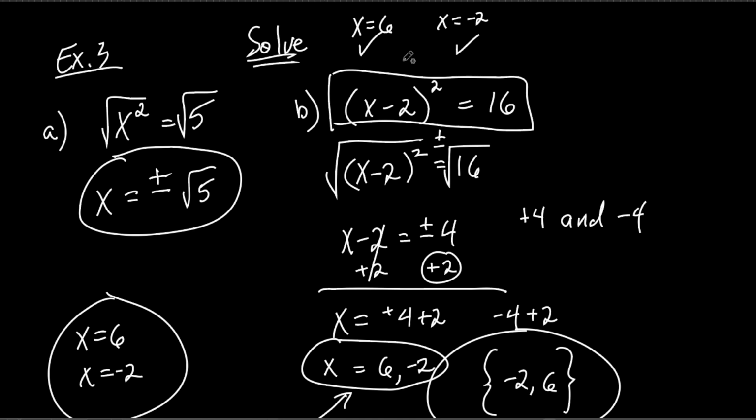Now, if you're on a quiz or a test, there are situations, and we haven't hit them yet, we might hit them in a little bit, I'm not sure when, but there are situations where you're going to get maybe one of these answers that doesn't work. If I plug it in, one of them does work and one of them doesn't work. How would I know if one works or one doesn't work?